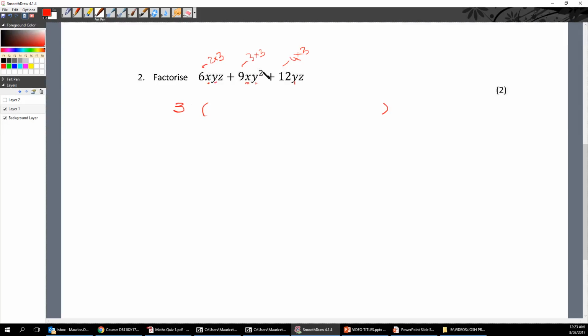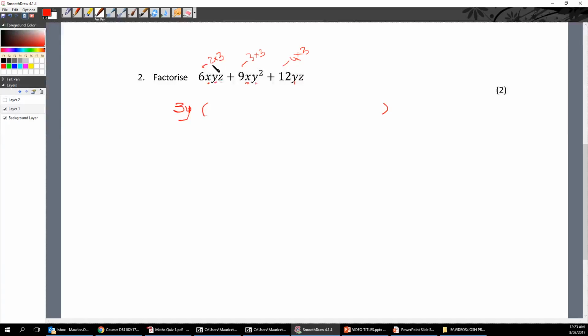But the highest power of the y is 2, and the lowest is 1. So it's going to be the lowest. So it's going to be the y. We can put a y in there because there's one y common to all of those. Now let's look at the z. We've got a z there, no z there, and z there. So 3y is a common factor.